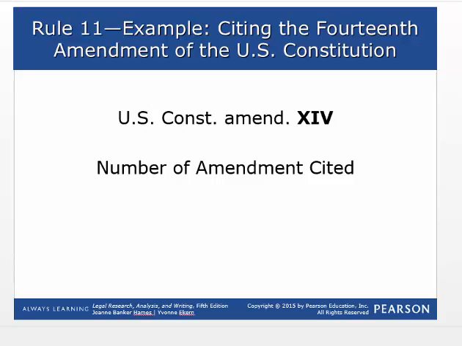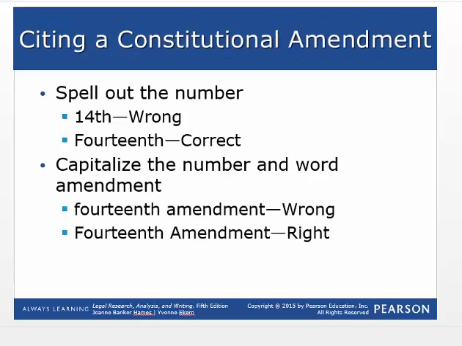So that's how you cite to a constitutional code provision. You do not typically use numbers in legal writing. You always write out numbers. We do capitalize the 14th Amendment.